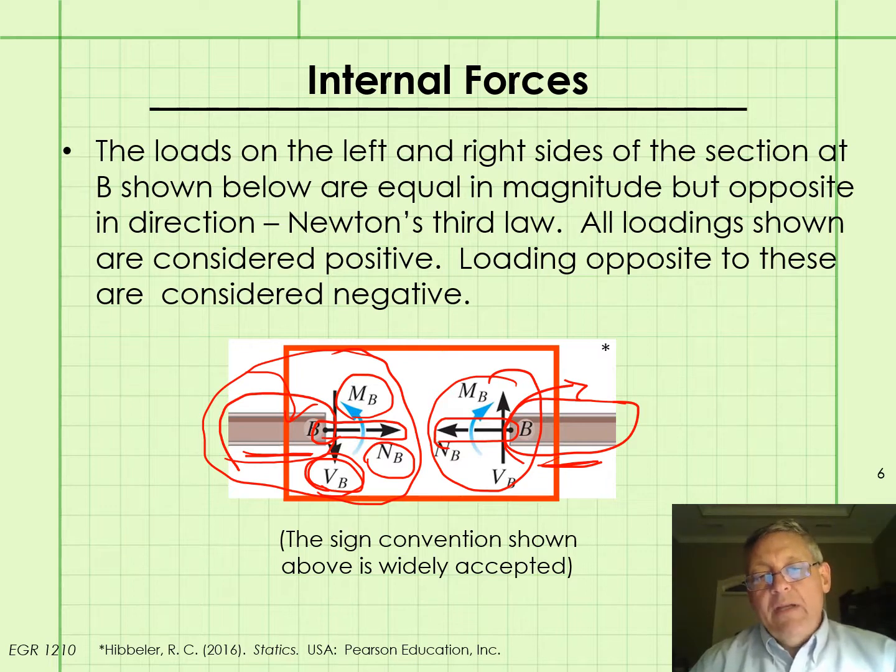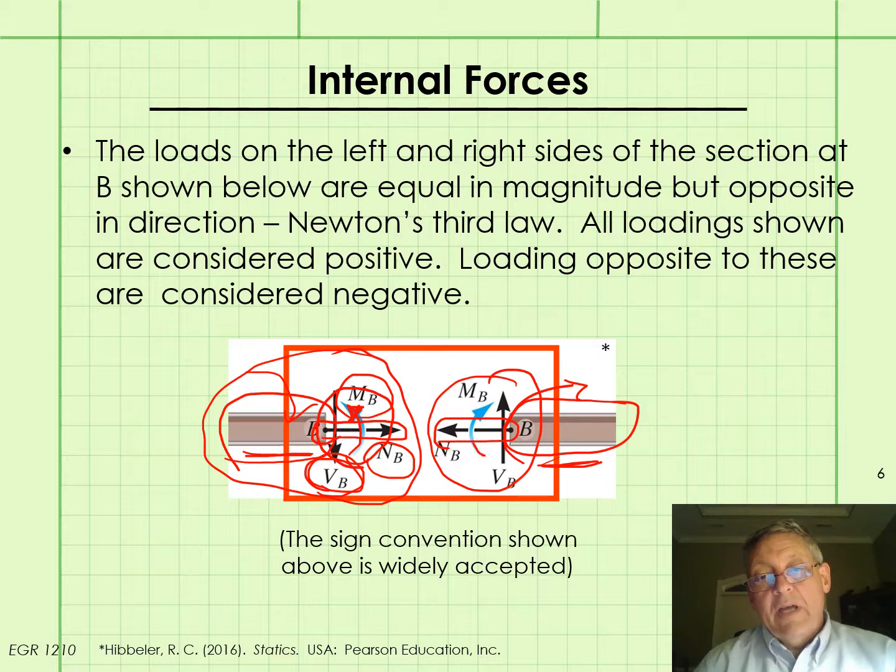And for the bending moment, let's look at the left side. A bending moment that tends to cause the segment to curve concave upward is considered positive. So on the left side of the cut, I know I've not much left to draw any more red lines here, but this bending moment is going to tend to bend the left segment of the beam concave upward.